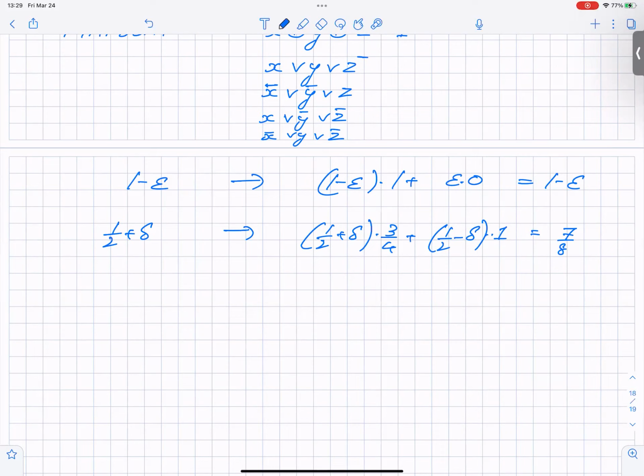I should get a plus delta by 4 here. Where am I messing it up? Sorry, this is going to get multiplied by 1 and this is going to get multiplied, which is exactly 1. Yeah. Those are the guys I satisfy, those are the guys I don't satisfy.